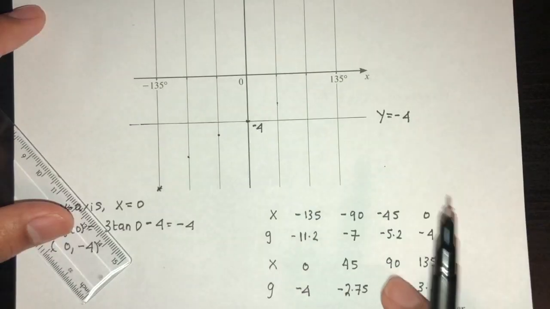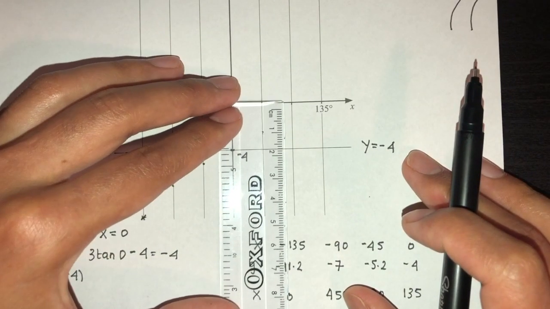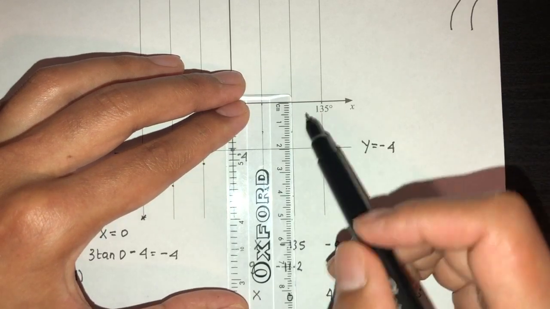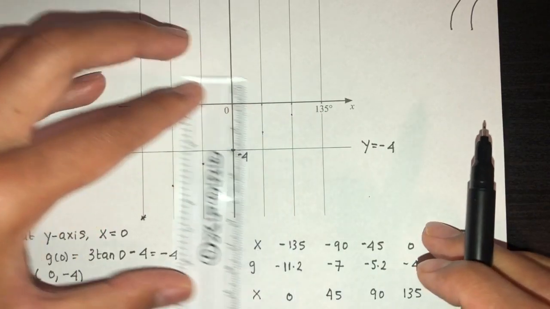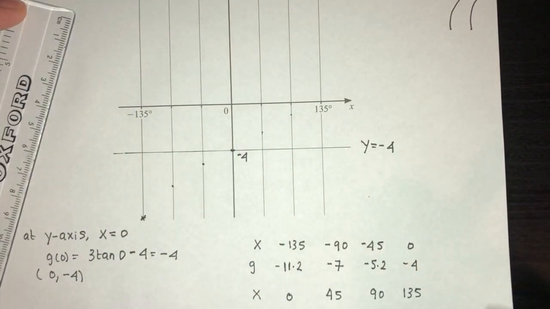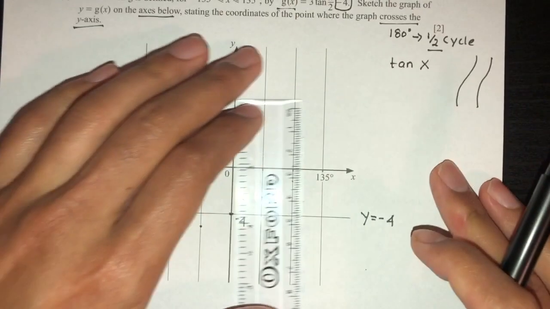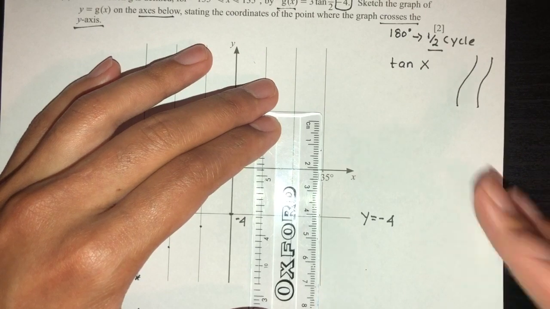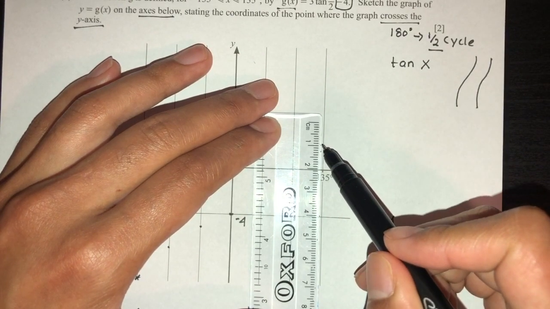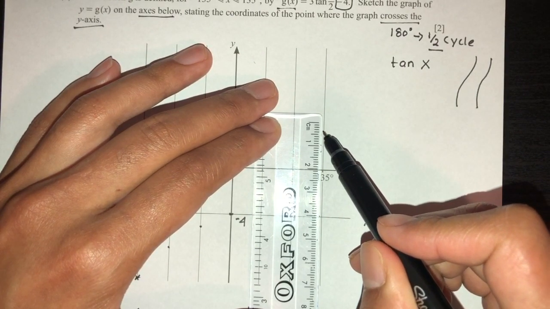Then next one is 90 or minus 1. Minus 1 should be right here. Then I have 3.24 for this value, this is 2, so 3.24 should be about here.